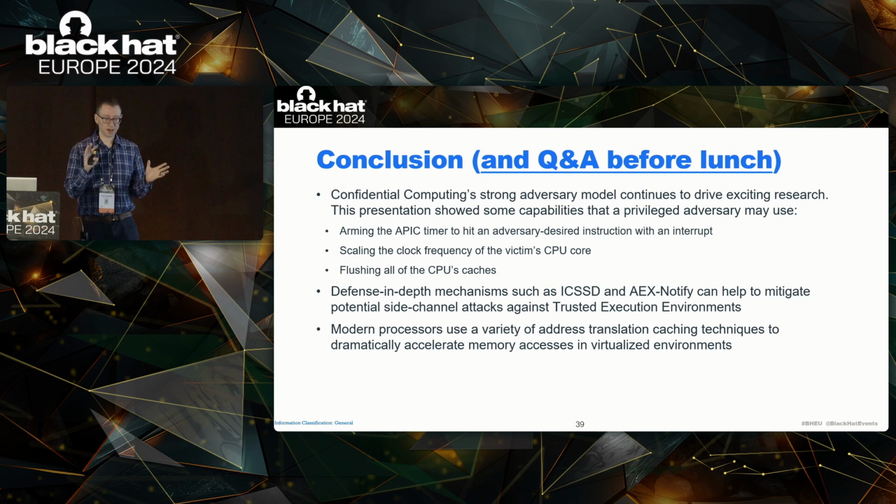And finally, modern processors use a variety of address translation caching techniques to dramatically accelerate memory accesses. One possible takeaway from the slide I showed about the page table walks is, oh wow, this can be really slow. But in reality, the normal case is that it's actually very fast.